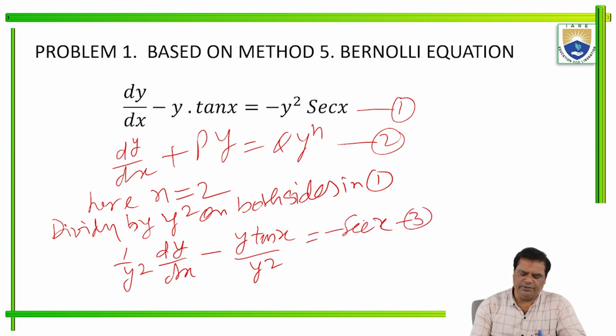This is equation 3. Now 1 upon y squared dy/dx minus 1 upon y tan x equal to minus sec x.